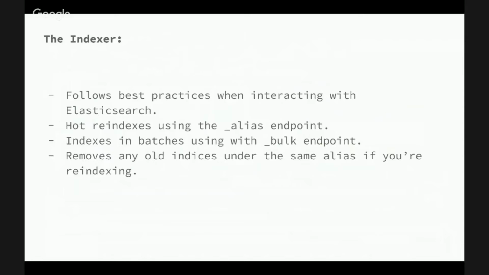That way you're not updating doc by doc to your Elasticsearch cluster, but you're grabbing a batch, so you don't run into any concurrency limits. And if you're reindexing, it knows to look at all the old indices under that same cluster, and it deletes them if it's the same alias, which for me would be Jekyll, because I did that in my options for my config file.